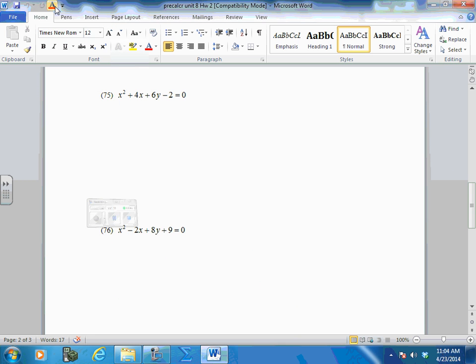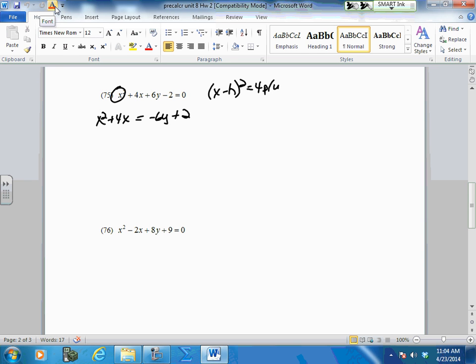Okay, let's go over this, guys. So, we agreed that it's an x squared, so we're putting the x squared on one side, and we're moving the rest of the stuff to the other side. Now, it's going to follow this format. Okay, so I have to complete the square. I'm going to leave a little space to complete the square.